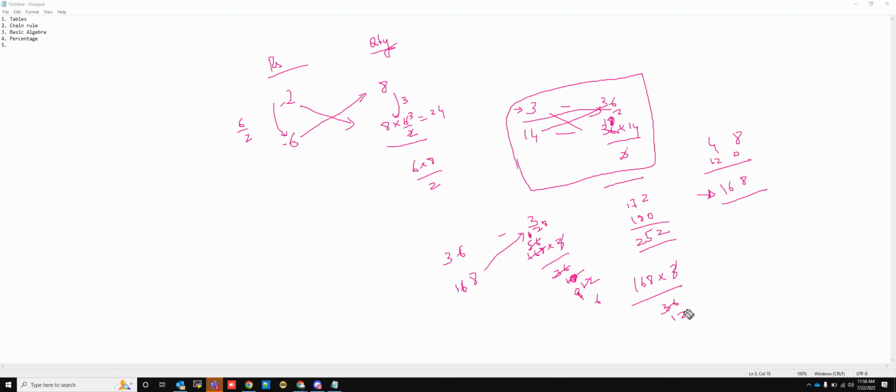This is 12 times. This we can cancel in 3 tables, right? 3 4s are, yeah. See, tables I also forgot. 3 4s are 12, right? And here you get 5, 6, right? In 4 tables you can cancel it straight away, right? 4 ones are 4, 14. So the answer is 14. You got it, right?